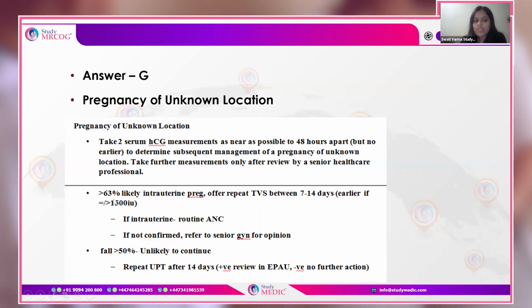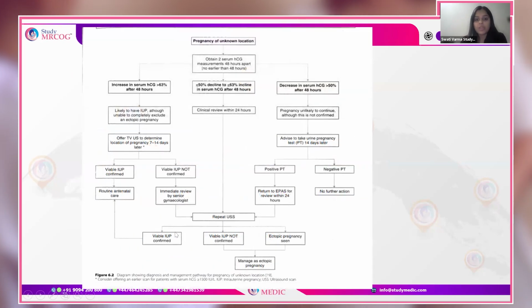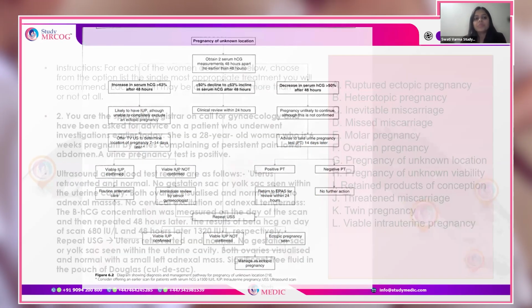If the rise is more than 63%, which is not the case here, then we will repeat TVS between 7 to 14 days. If the fall is more than 50%, then we will ask her to repeat UPT after 14 days. If it is in between these, then we will refer her in view of ectopic pregnancy. So we will proceed according to this flowchart in all cases of pregnancy of unknown location.